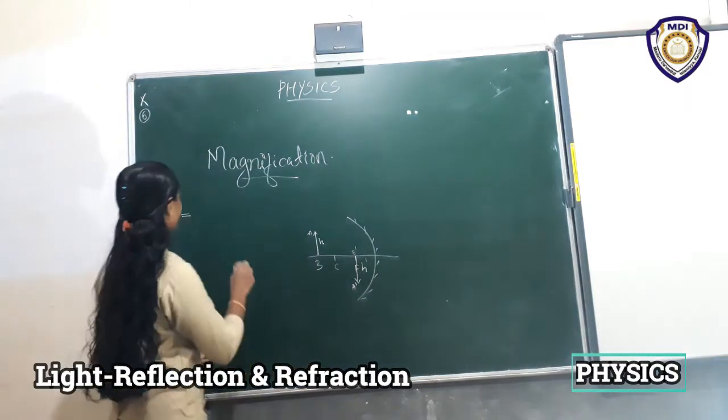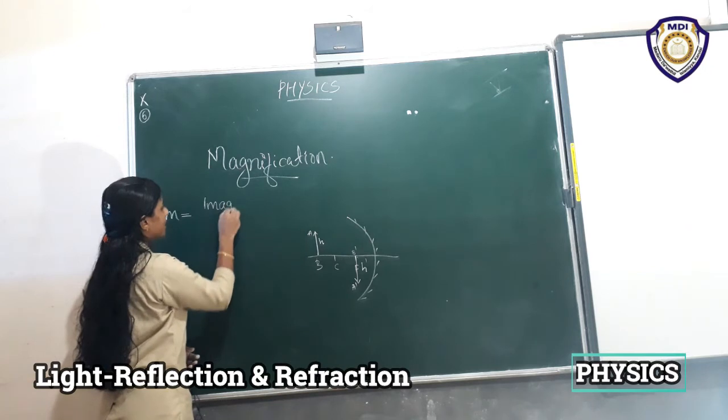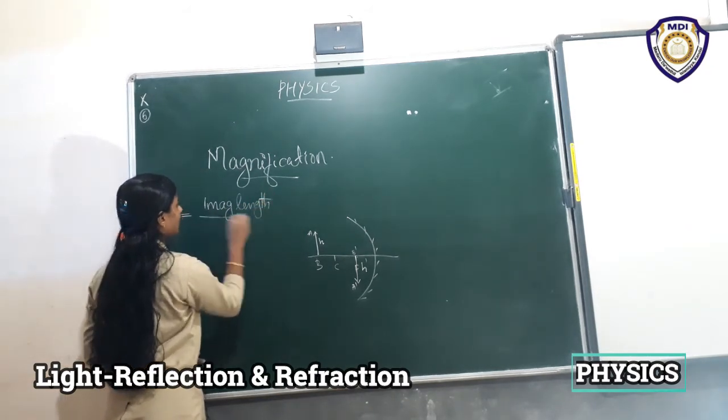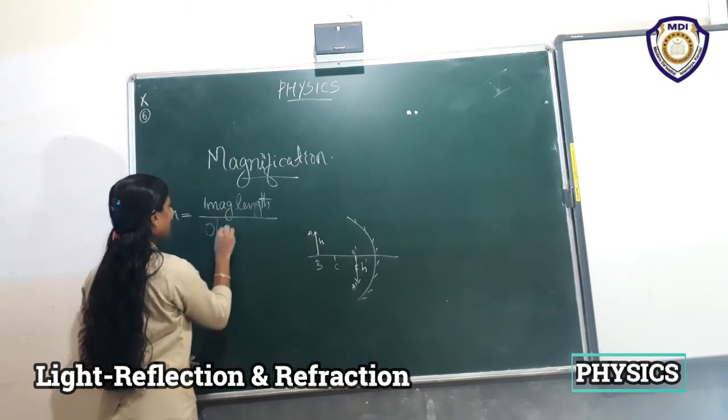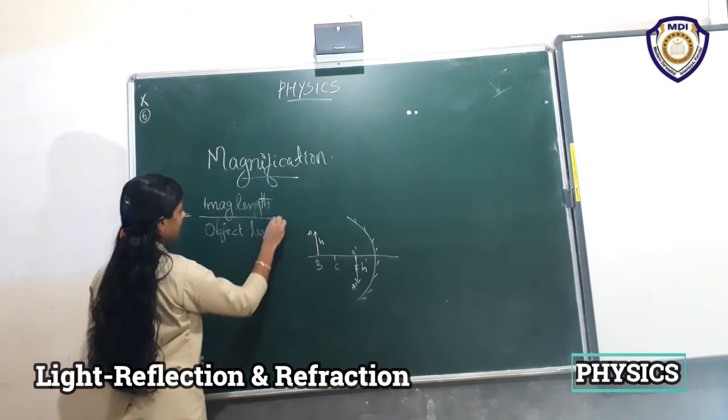That means in the numerator we have the image length or height, and in the denominator we have the object length or height.